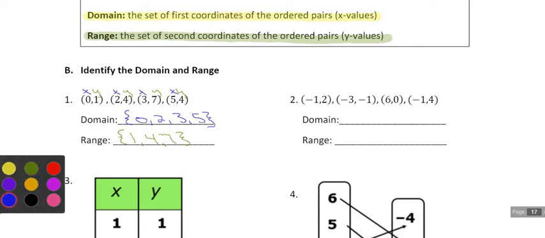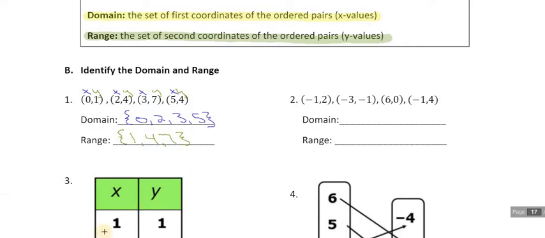Next, in number 2, for our domain, our x values, as we get a little more particular, we like to put them in order from smallest to largest. And as we saw in number 1 dealing with the range, we do not duplicate anything. So for our domain, our x values, we've got -1, -3, 6, and -1 is repeated. So -3 is our smallest number for x.